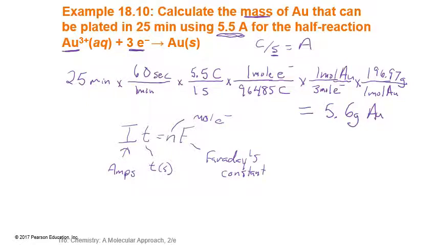Now this is a formula that can be used, but if you notice, that's exactly what we've done in our dimensional analysis. So we have our I, we have our time in seconds that we've multiplied, and then we've divided by Faraday's constant to calculate the moles of electrons. We've just gone another step further to find the amount of gold that would have to be done using this equation.